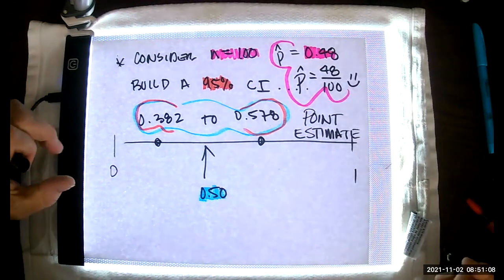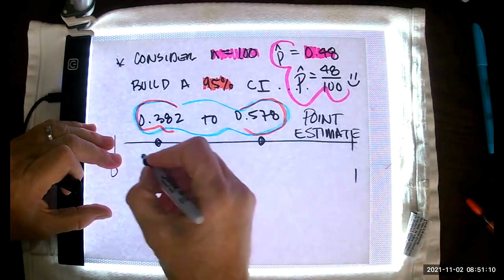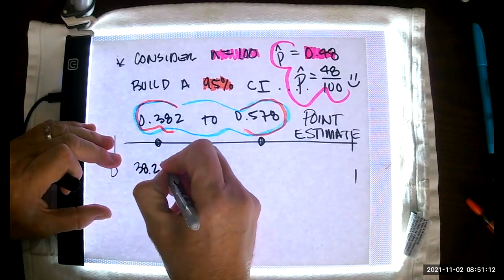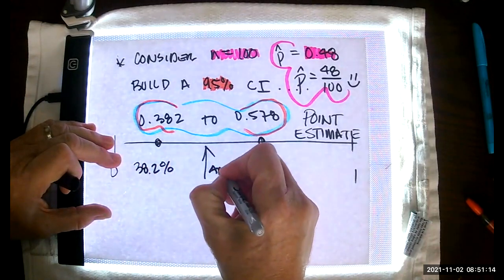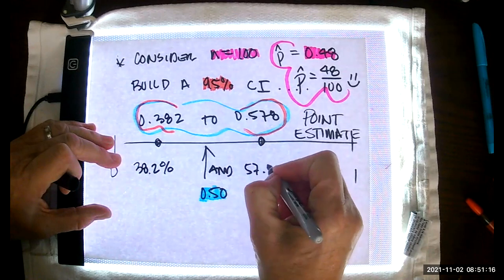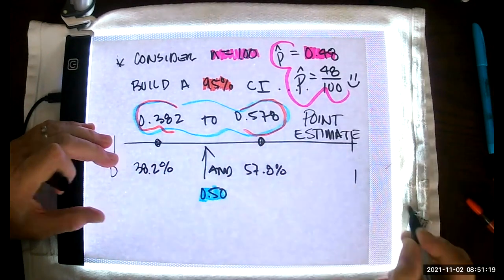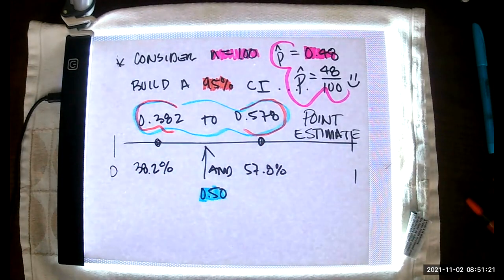So the estimate that I have is somewhere between 38.2% and 57.8% of my flips should be heads. That's my estimate. And I am 95% confident in that estimate.